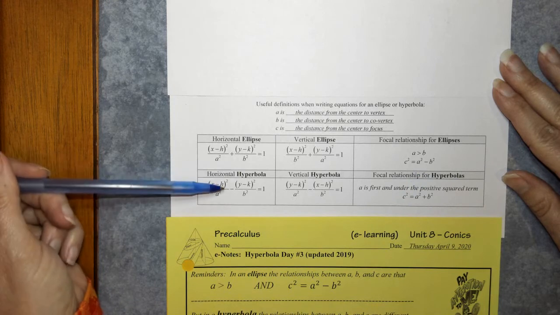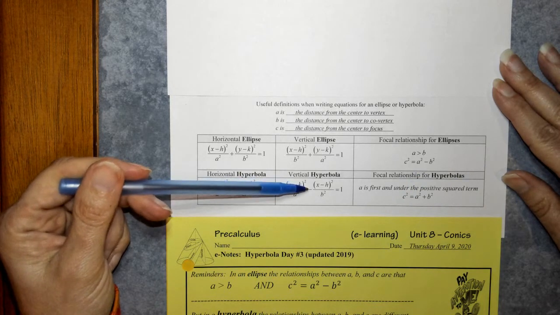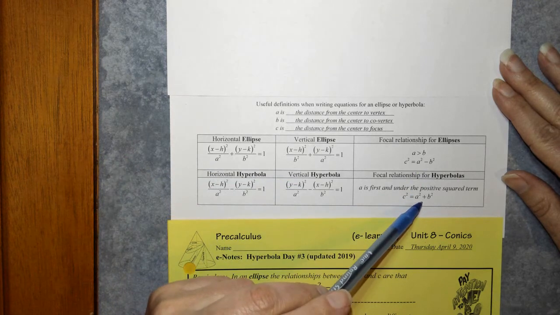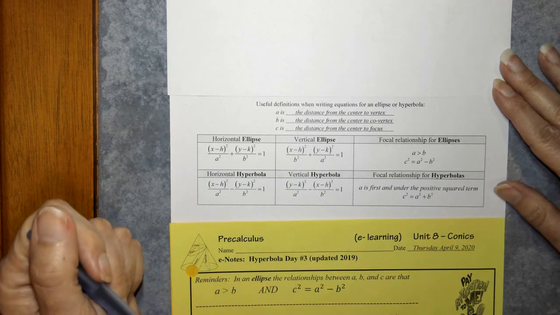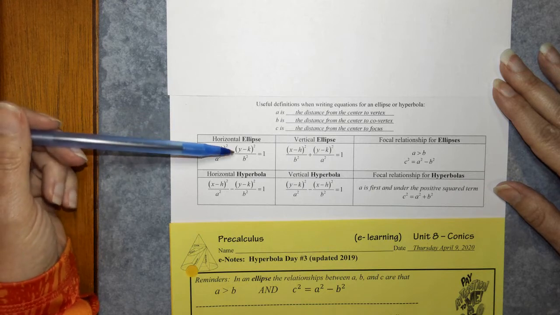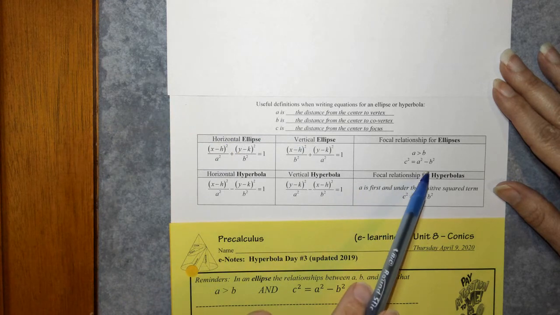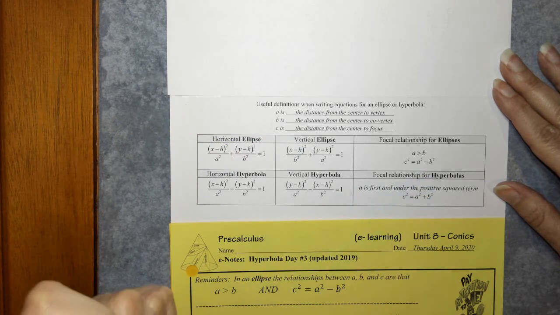In a hyperbola, you have a subtraction symbol in the original standard form equation, but a focal relationship that uses a summation. So really what we want to notice is that when the regular equation uses a symbol, the focal relationship uses the opposite symbol.